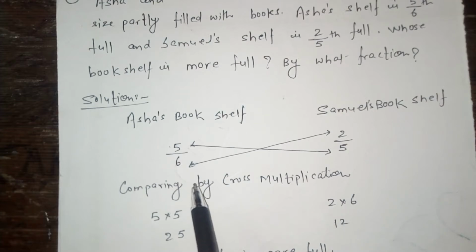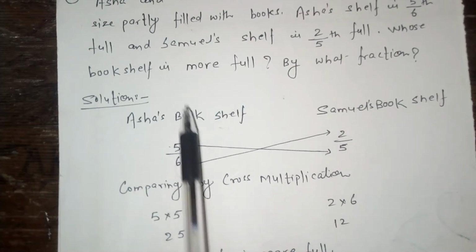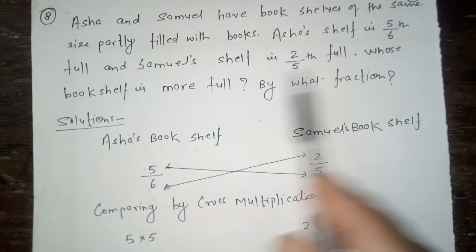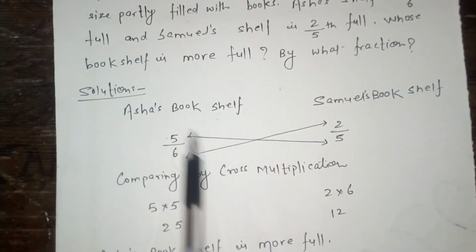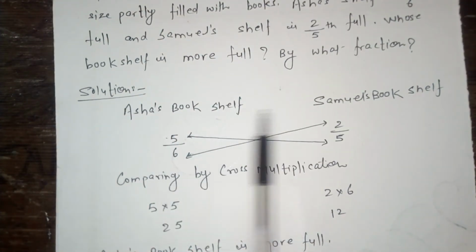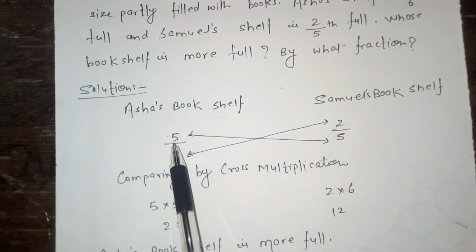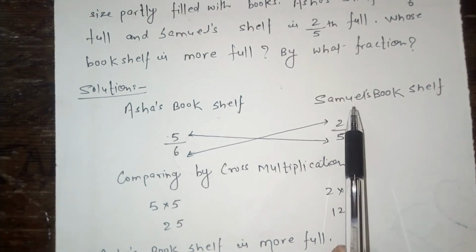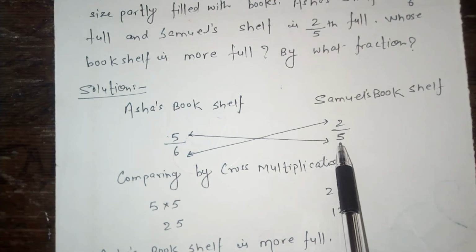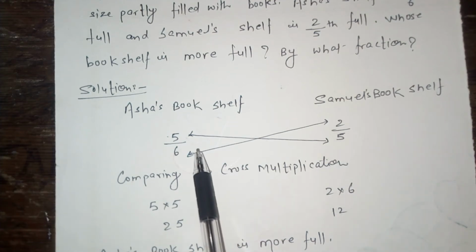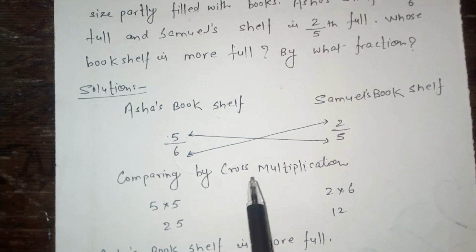In this question we will find out whose bookshelf is more full. So we will use cross multiplication, the meaning is comparing by the cross multiplication method.